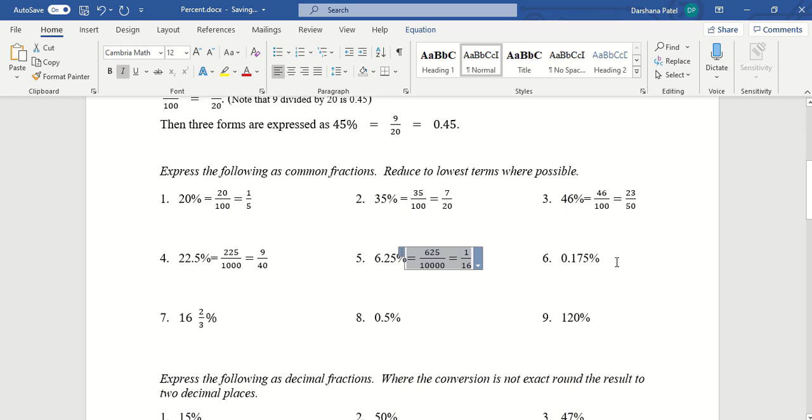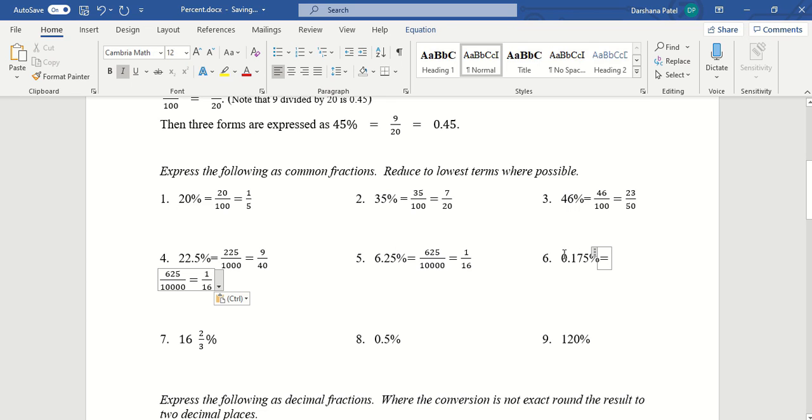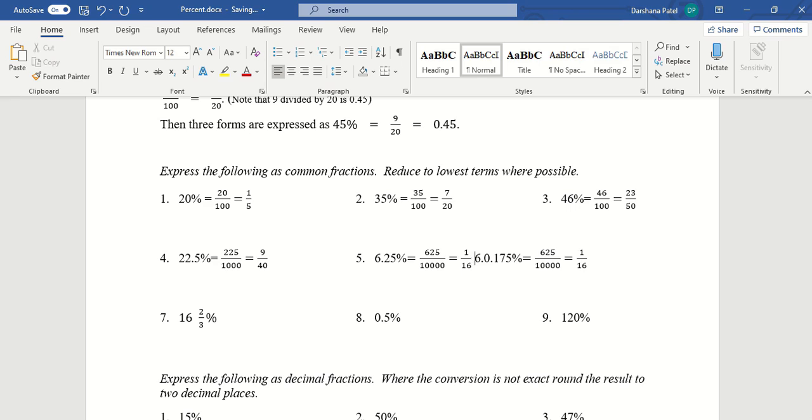So for the sixth one, we will have 175 over 100,000, which will reduce to 7 over 4,000.